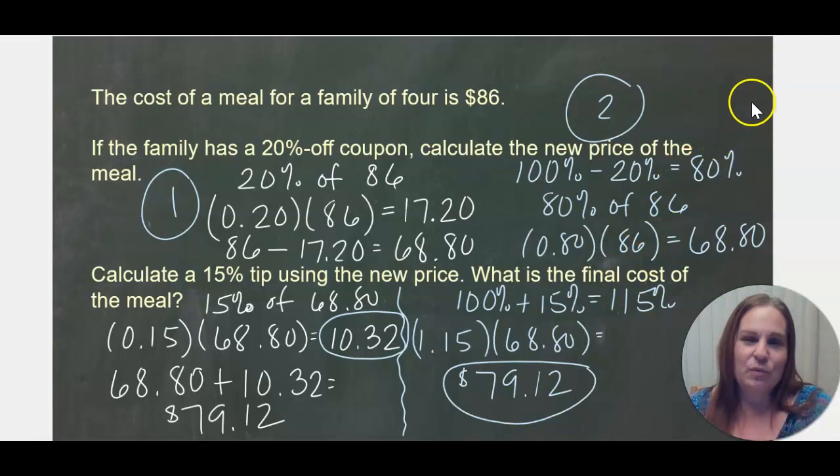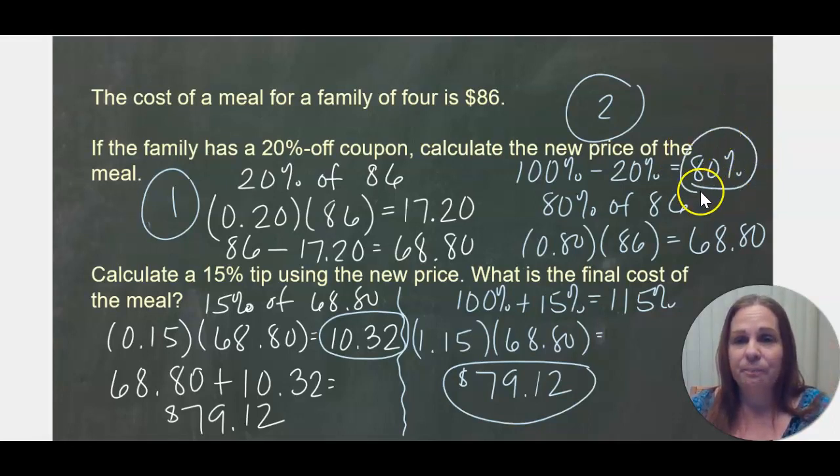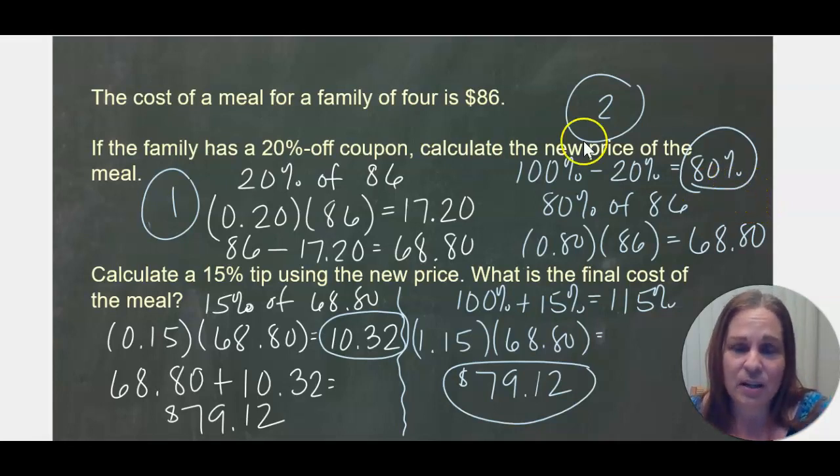So let me just review method 2 again. For method 2, first I took off the 20%, which left me paying 80%. So I just did 80% times the cost.